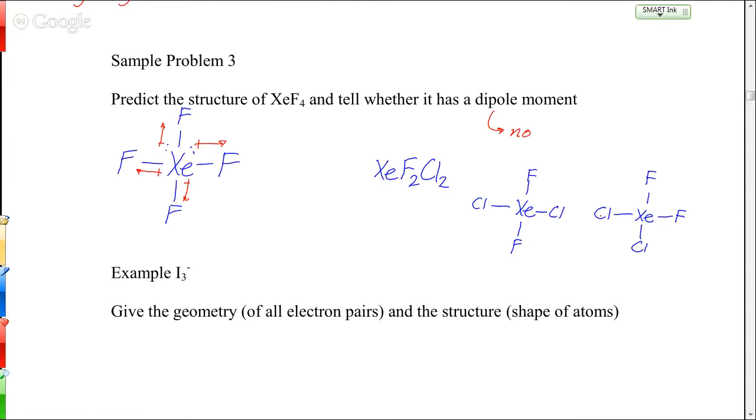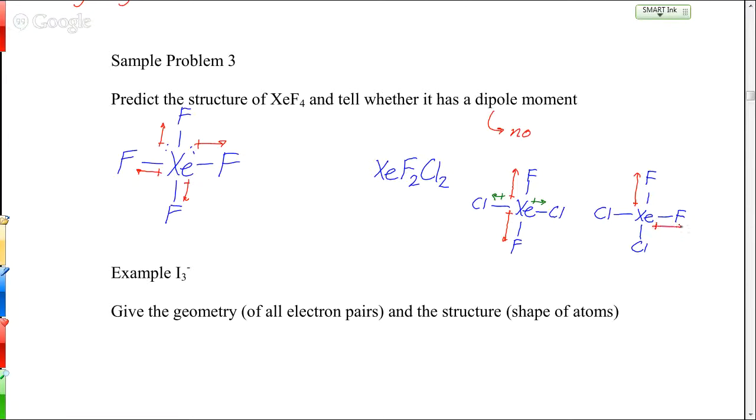We know fluorine's more electronegative than chlorine, so the XeF bonds are going to have stronger dipole moments than the XeCl bonds. In this case, they're right across from each other, so green cancels green and red cancels red. But in this example, they're not.